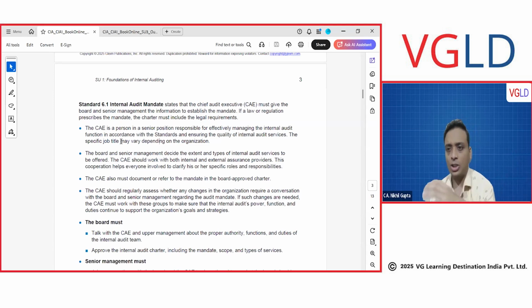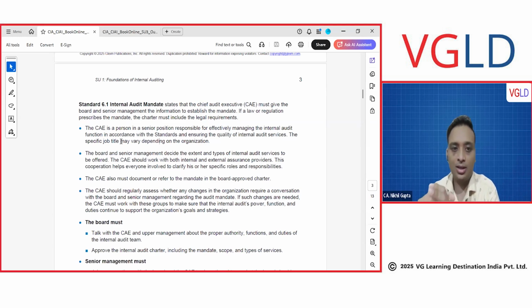Because ultimately, the management, middle level or top management, never directly comes to the internal auditors to provide this data, this documentation, or a change in scope. First of all, we have to communicate it to the CAE, and then he or she will communicate it to the board to get that mandate. That's how the internal audit function runs in practical life as well.